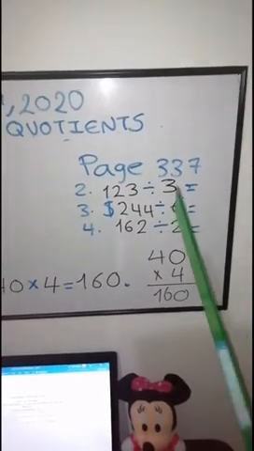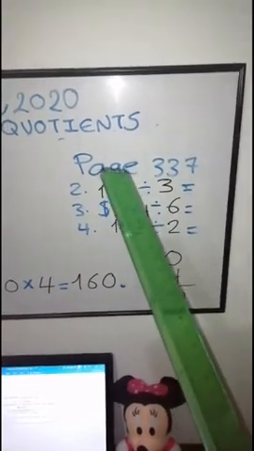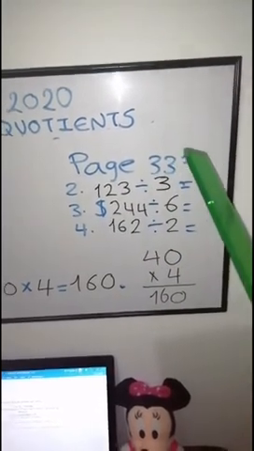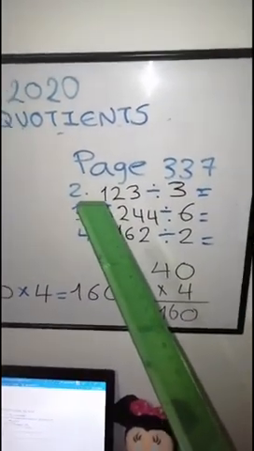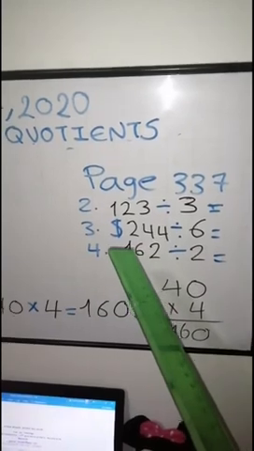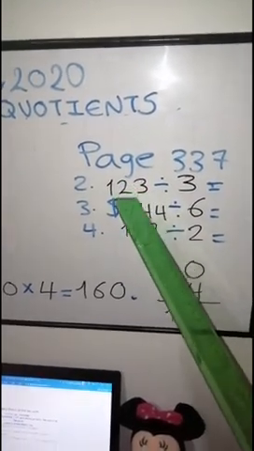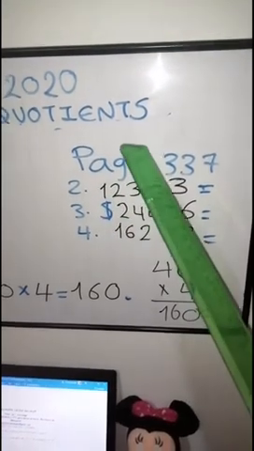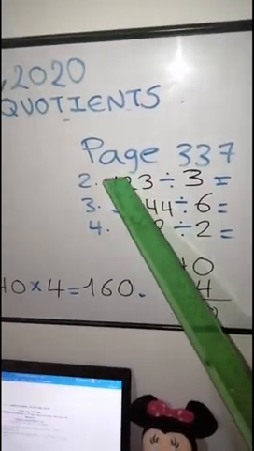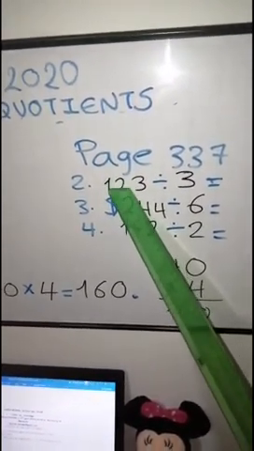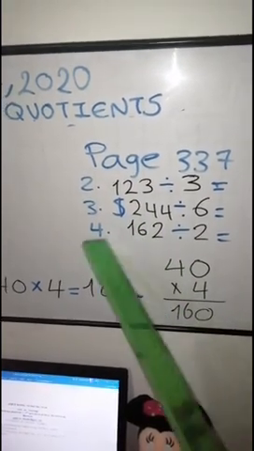You are going to go to page 337 and you are going to solve these divisions. But remember, you are going to estimate the quotients by looking for the close number to each one of these dividends.